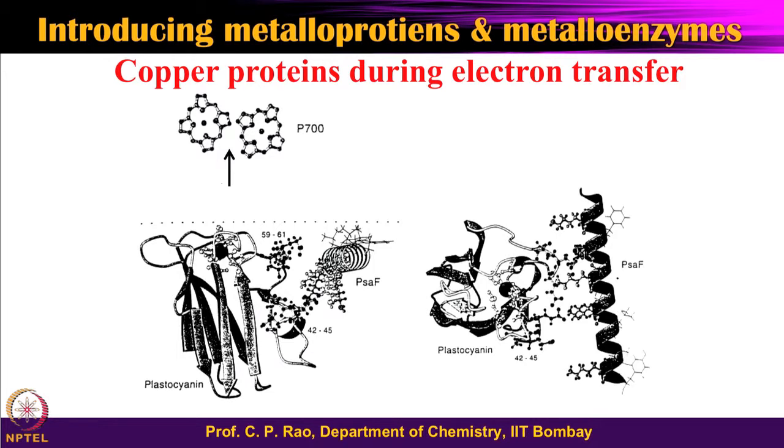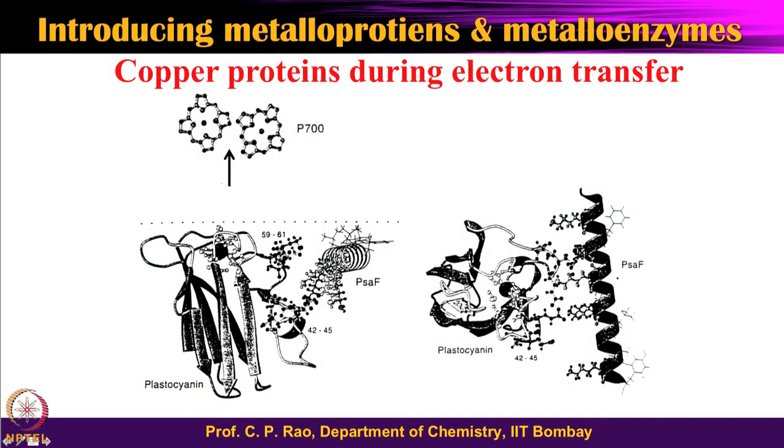One is giving away an electron, the other is taking the electron, and vice versa. They come together, there is a reorganization, and then the electron transfer takes place between them, either through an inner sphere or an outer sphere electron transfer. Many times you will have an outer sphere electron transfer, and that is the kind of thing you can see here too.